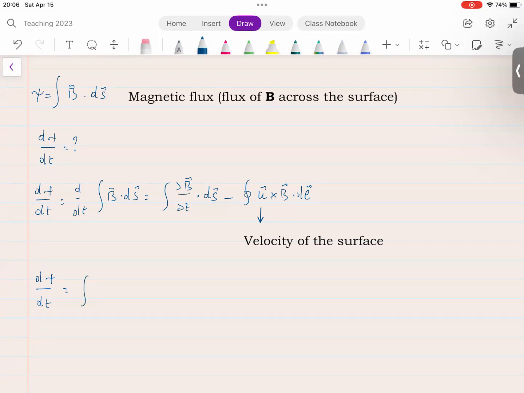Okay, integral of partial of B with respect to t dot dS, plus the integral of B dot the derivative of delta S in dt. So how the surface is changing over time.